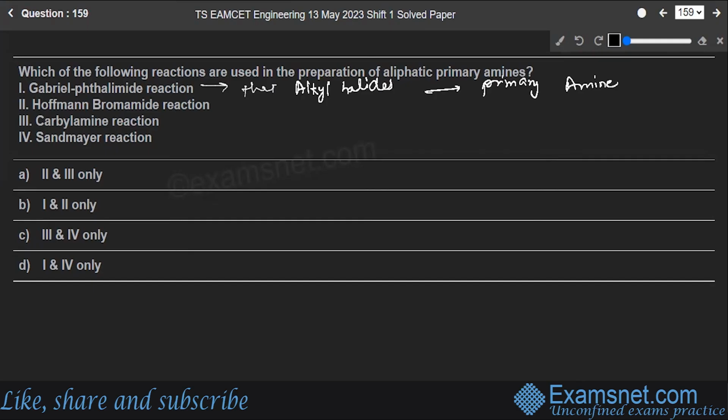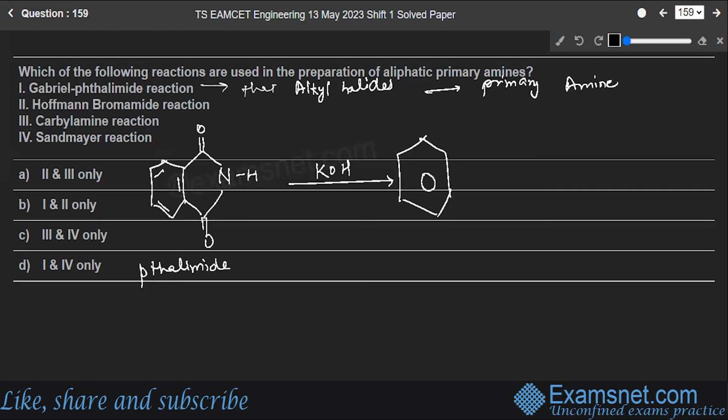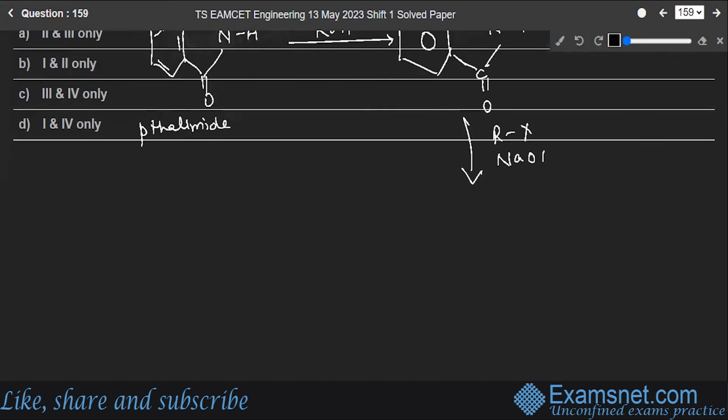Let's see this. So if you are having phthalimide, this is the ring over here, and over here you're having N, and double O, this is H. In the presence of potassium hydroxide, and this is your alkyl halide, this gives you a benzene ring, followed by C double O, and here you are having N, K, and here is C, O. Okay, so this on reaction in the presence of sodium hydroxide gives you this benzene ring.